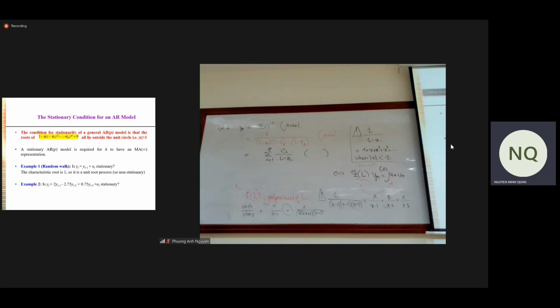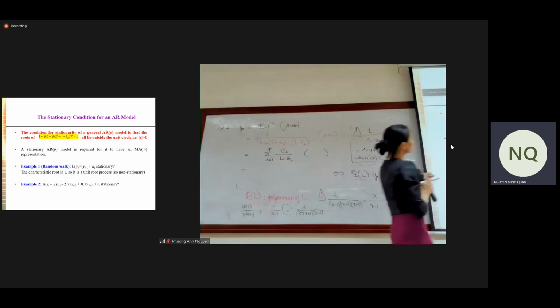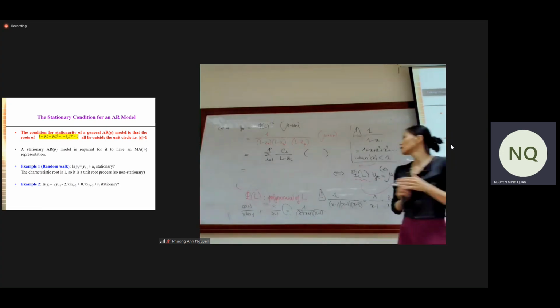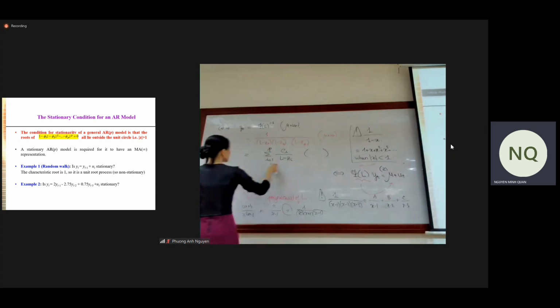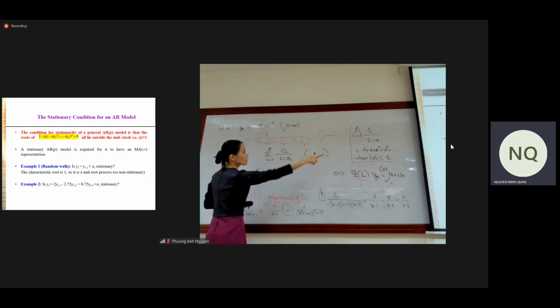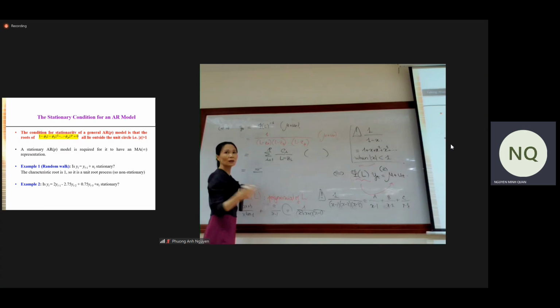We try to explain the ideas, to understand why you actually have this kind of condition for stationarity. Now I'd like to see the form 1 minus something. How do we get it?